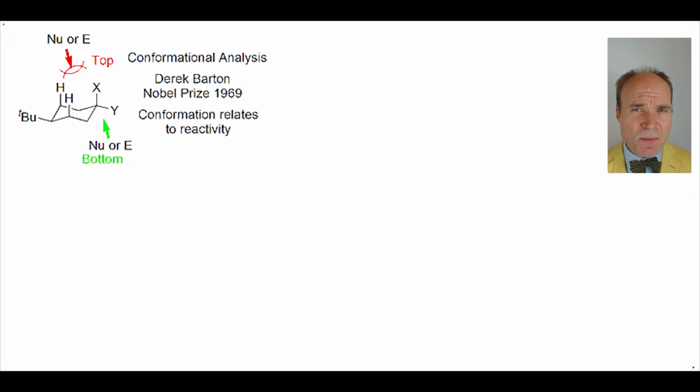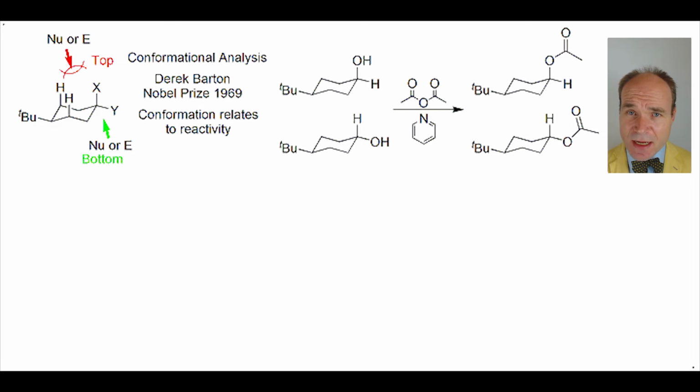Let's look at some examples of conformational influence. In the first case, an alcohol reacts to become an acetate using acetic anhydride and pyridine. We have a choice of substrates between axial or equatorial alcohols, but how does that impact upon reactivity?